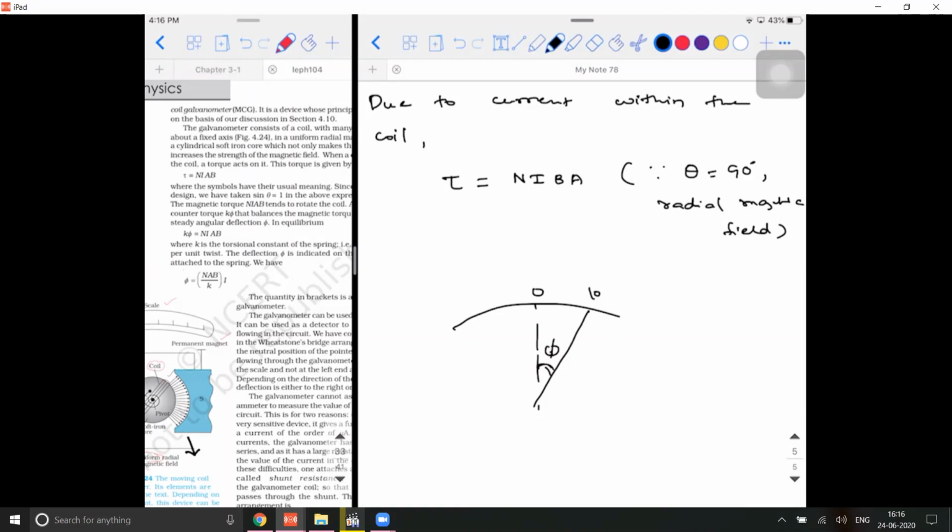There will be some tension, so there will be some restoring torque in the spring. What should be the value of the restoring torque according to this expression? If I talk about a linear spring, what is the restoring force created? It is some spring constant multiplied by the distance to which it is elongated. Am I right?